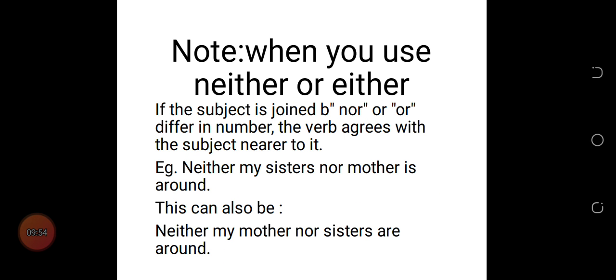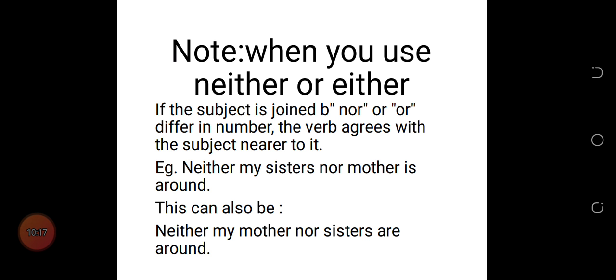Then we also looked at the use of neither and either, where we sometimes join nor or, and we said that when we have nor used, then the subject closer to the verb must agree.